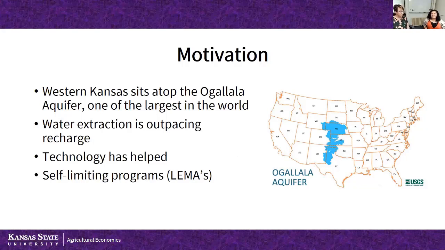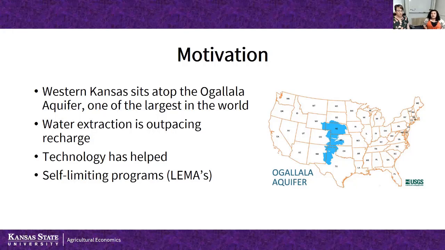Okay, so as most of you probably know, Western Kansas sits on top of the Ogallala Aquifer, which is one of the largest in the world. Currently, water extraction is outpacing the recharge of that. And while technology has helped, there are certain government interventions that are being put in place, such as groundwater management districts that are overseeing counties with different LEMAs, which is a self-limiting program, a Local Enhanced Management Area.